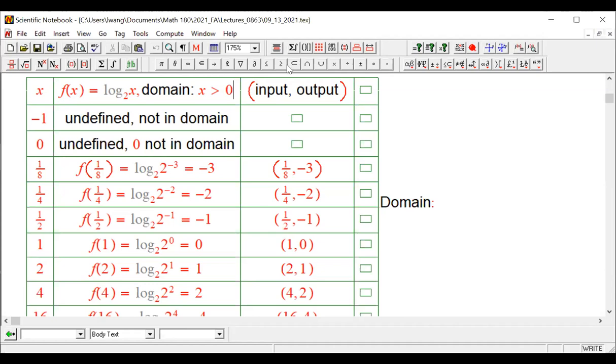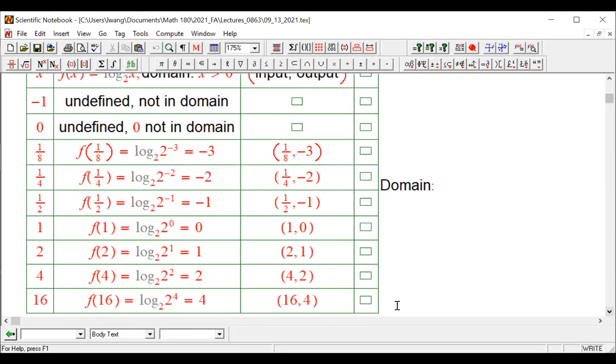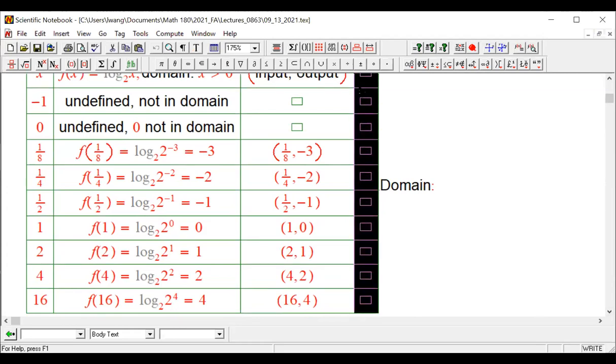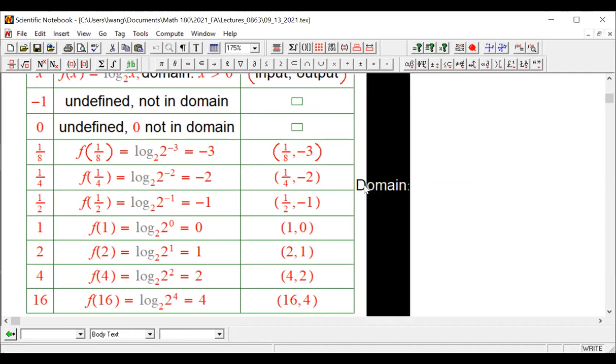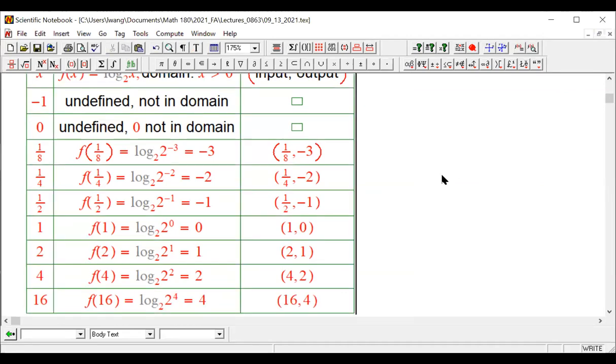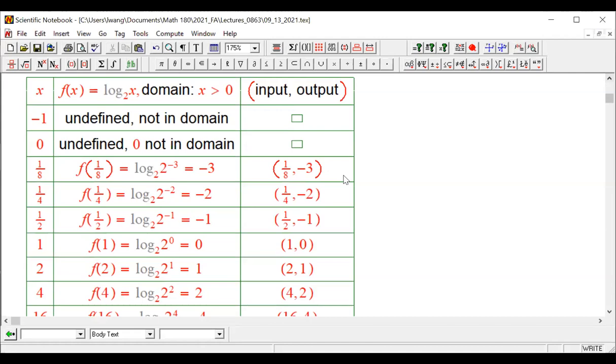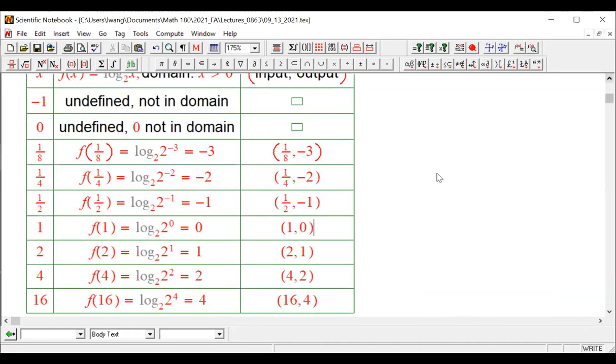Okay, so next, shall we plot the points? As we always do, right? For this new rule, let's plot points. I'm going to plot all of these points. Everybody, please roll up your sleeves.